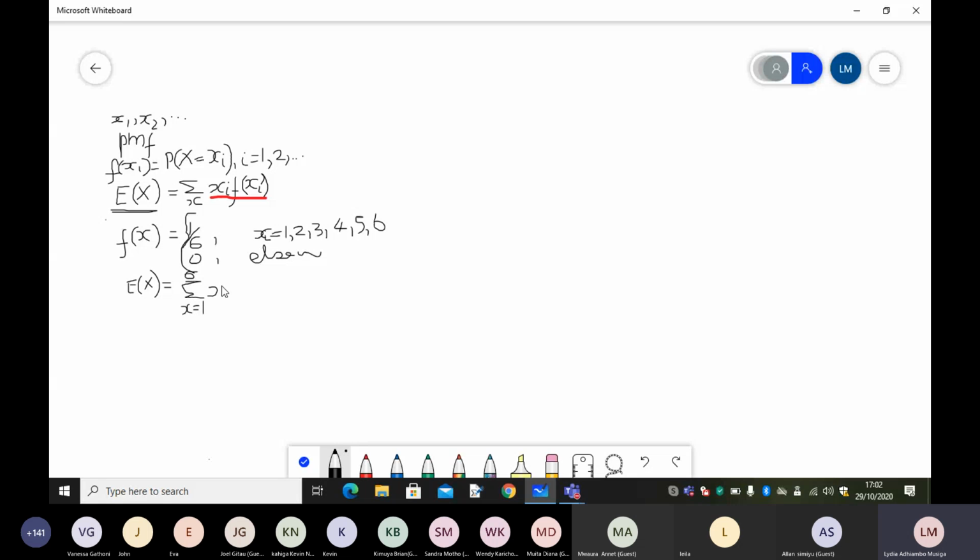The x_i value keeps on changing, but f of x_i is a constant 1/6. Because it is a constant, we can factor out 1/6. But if it was also changing, then we could not factor it out. And what is the summation of x_i for x from 1 up to 6?